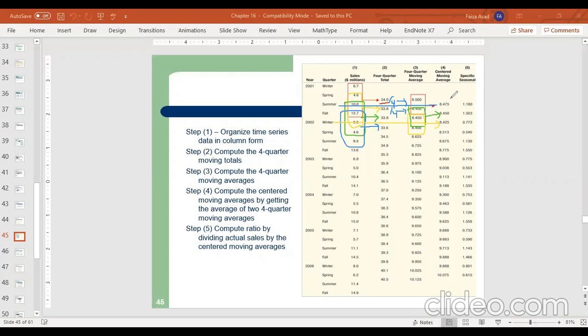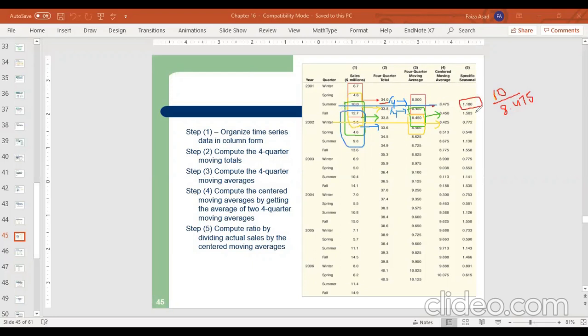For summer we have 10, divided by 8.475. So we will divide each season's sales by the centered moving average, and we will get this specific seasonal effect from these sales.